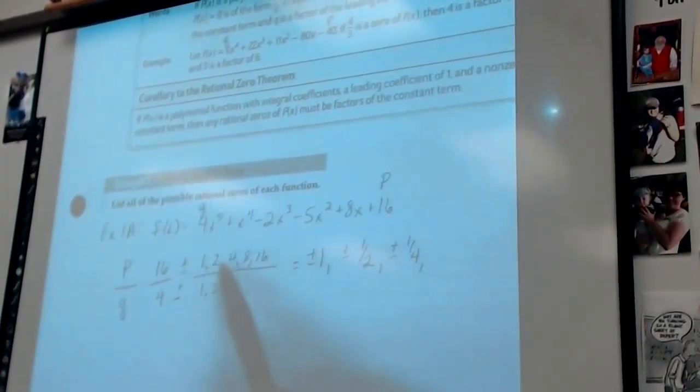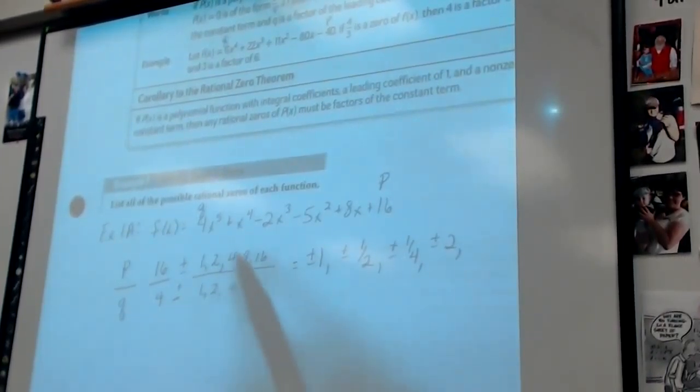Now go to the 2. 2 over 1, 2, plus or minus 2. 2 over 2, 1, we already have that one, so you don't have to do it again. 2 over 4, which is the same as 1/2. We already have it. Now go to the 4.